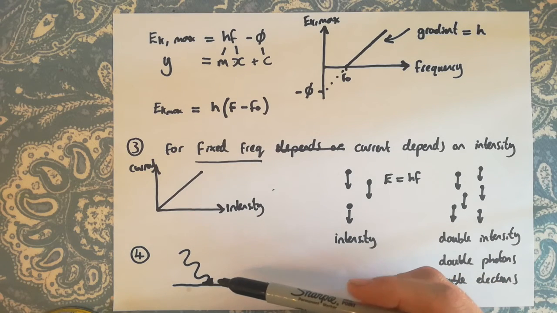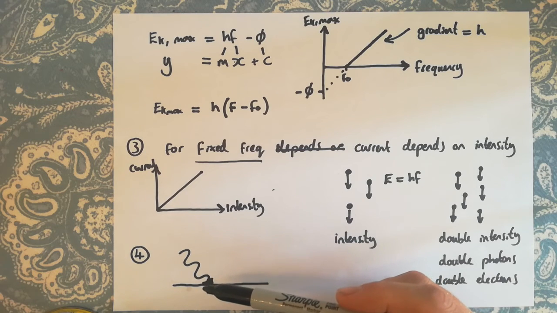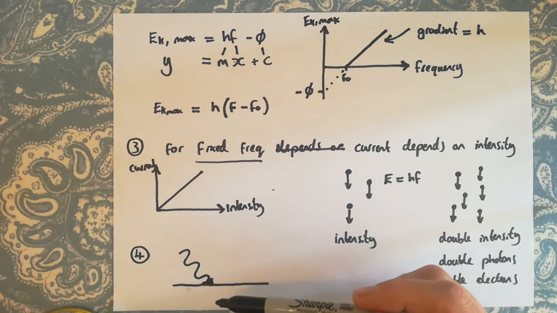Now, if we imagine this was a low amplitude wave, so not a very bright light, that amount of energy being delivered per second we could imagine as being very low, as low as we want, down to a value of 0.